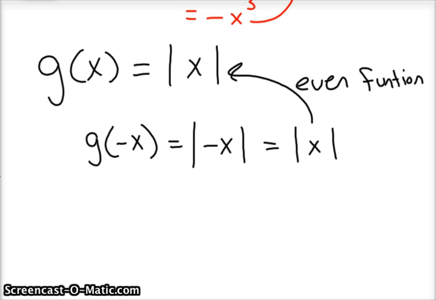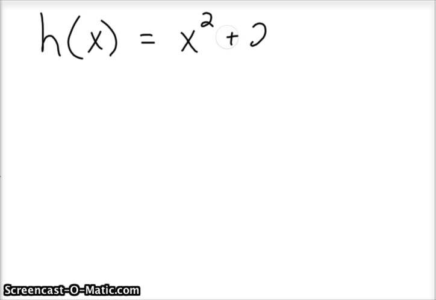All right, and you could also have the possibility that it's neither of the cases. So I'll just pick a function that's neither. Let's say it's x squared plus 2x minus 1. We're going to test to see if it's even or odd, or maybe neither.